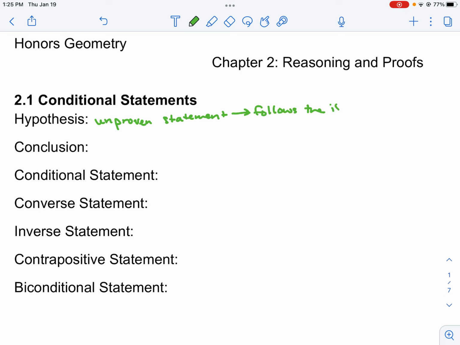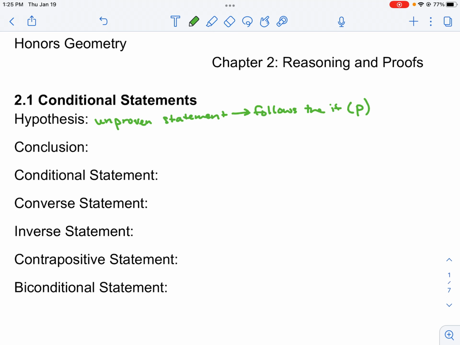It follows the if, and it's the P. So for right now, just write that down. I know you don't know what that means, but you will in just a moment, okay?